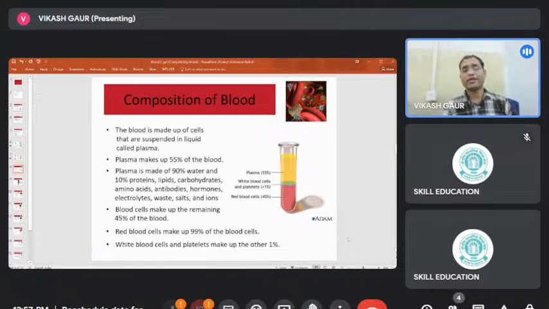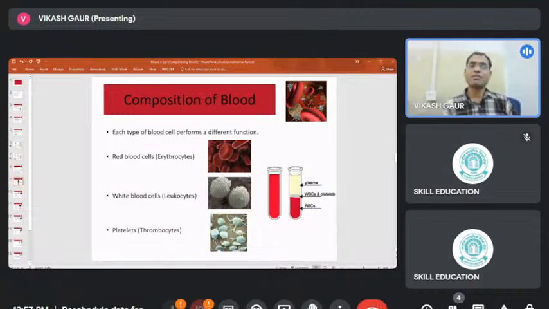RBCs make up 95% of the blood cells. White blood cells and platelets make up the other 1%. Each type of blood cell performs a different function. RBCs look like this, and this is a pictorial image of how RBCs appear. WBCs look like this one, and platelets, or thrombocytes, look like this one.